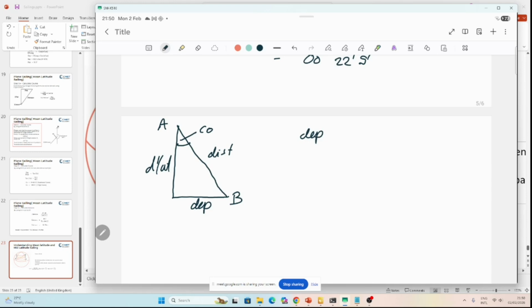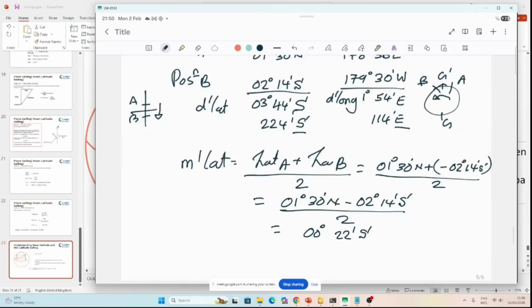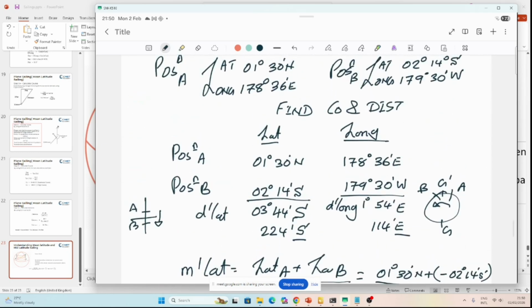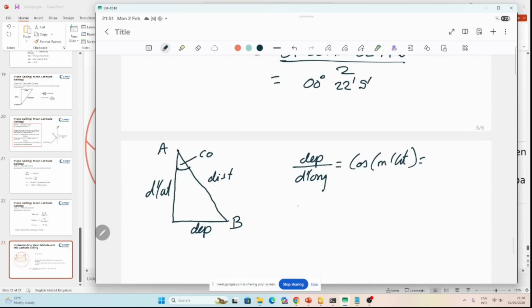So your first formula is departure divided by d long equals to cos mean lat. Departure is how much? Sorry, d lat is 224 and d long is 114 east.